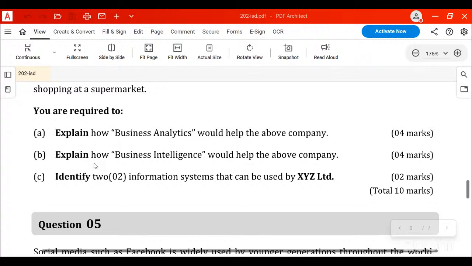What I have indicated, you have to say what is data analytics, and that analytics would help identify sales trends, customer preferences, and inventory patterns to optimize product offerings and improve decision making. 4 marks allocated.